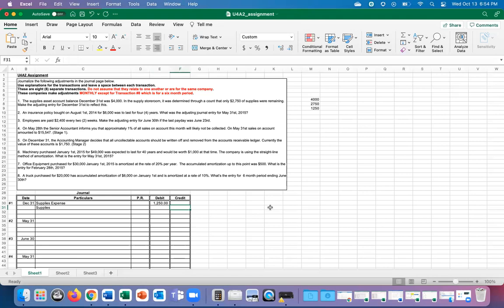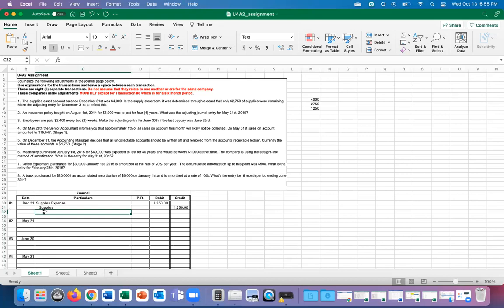So 1,250 in the credit column for that one. And then just remember that your credits always need to be indented on a journal entry. So we want to just hit the indent button, or if you want to hit the space bar a few times, either way is fine with me. Just as long as you have a space up front so that we know that it's a credit.